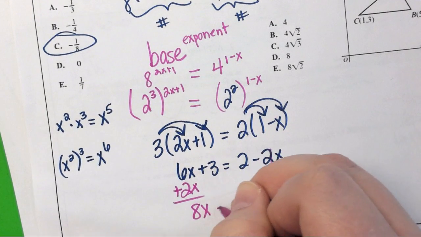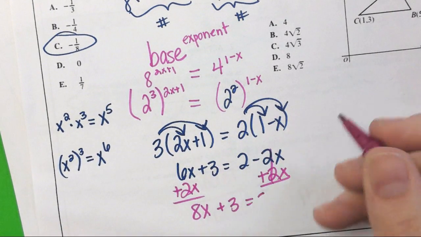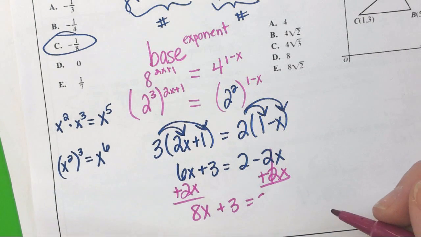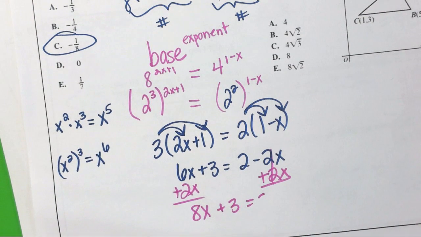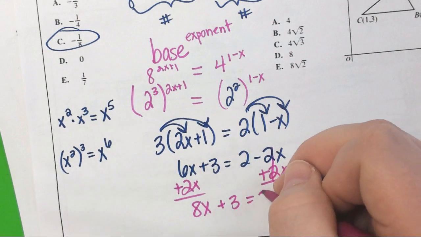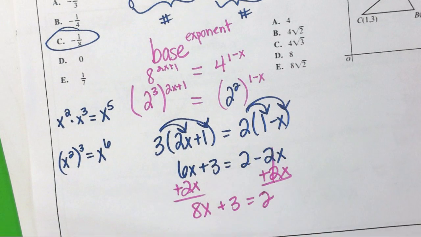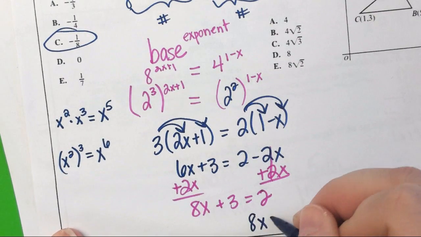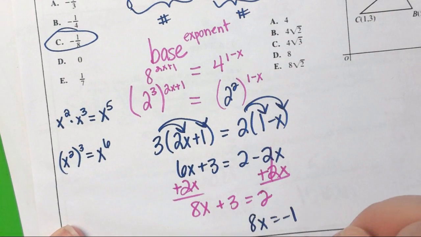I'll have 8x plus 3 equals 2. That's wrong. What have I done wrong this time? I did something wrong last period. I'm doing something wrong this period. No, it's not wrong. Okay. Good gravy. So I get 8x equals negative 1. So x equals negative 1/8, which is C.